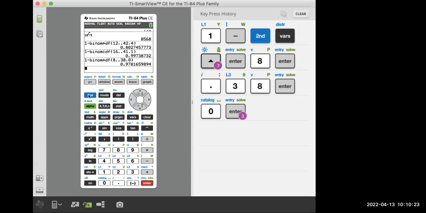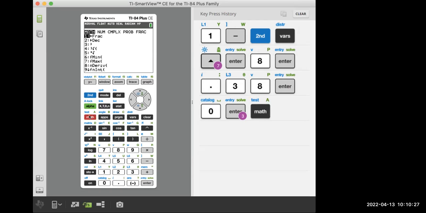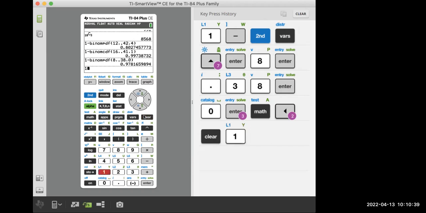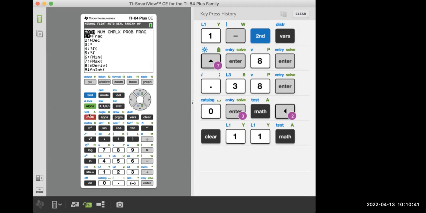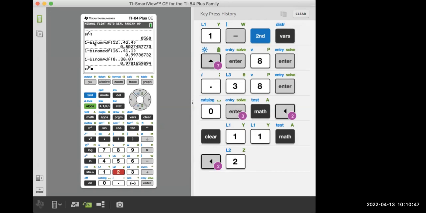And so let's click on Math. Let's go to the PRB menu and let's select nPr. Let's input 11. Let's click on Math, go to the PRB menu and select nPr. And I want 3 of them.